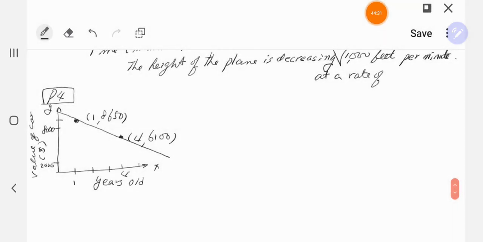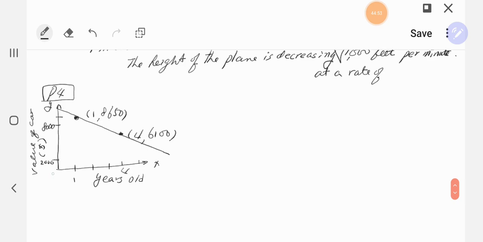Okay, problem 4. If you buy a new car, then the value of the car decreases, right? So the value depreciated every year. So this one shows the value of a car, after certain years, after purchasing a new car.